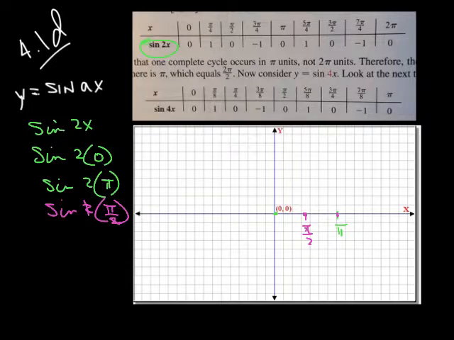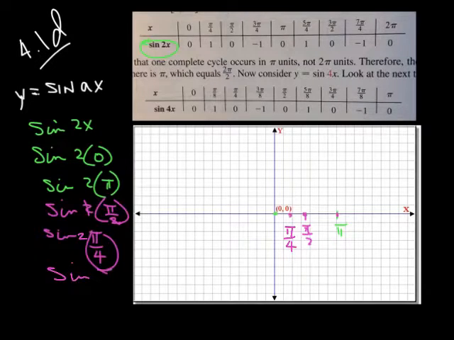And let's use pi over 4. Pi over 4 is right there, halfway between this 0 and this pi over 2. And we multiply that by 2, so this becomes the sine of pi over 2. Sine of pi over 2 is 1. So at pi over 4, we're going to be at 1.